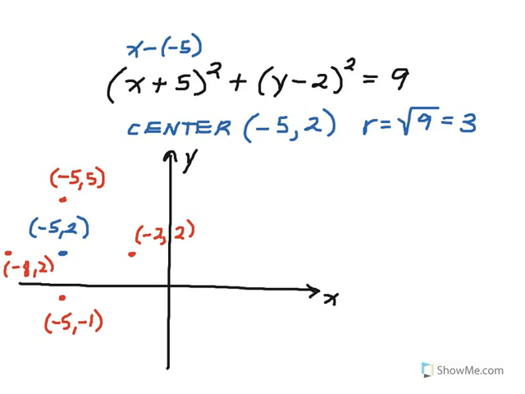So when I connect these, I can use those as guide points for a circle. And that was a lousy circle, but you get the idea. There, I fixed the circle, and that's it. Basically, the distance formula and the formula for a circle both come from the Pythagorean theorem, and they are easy to use.